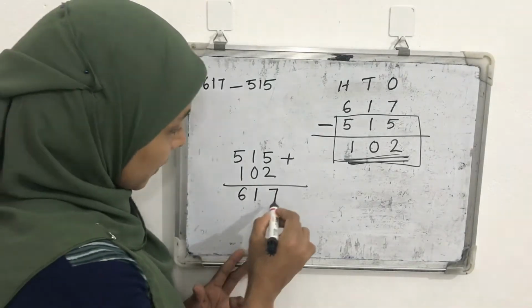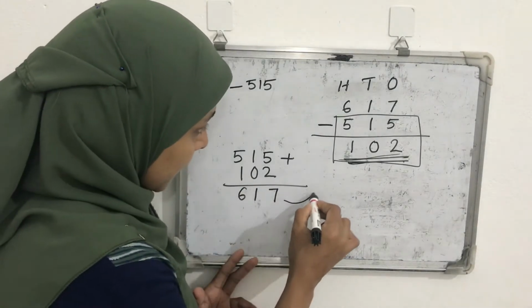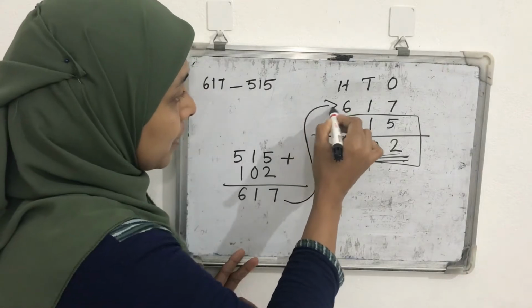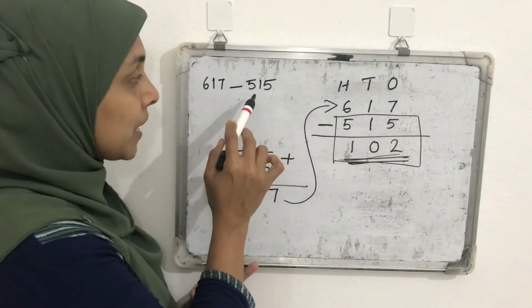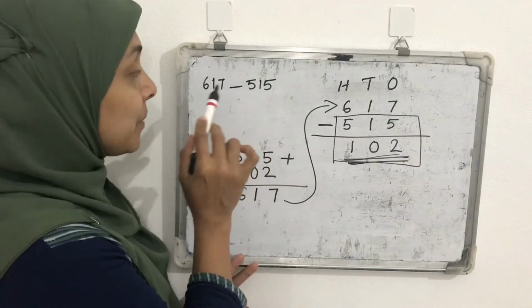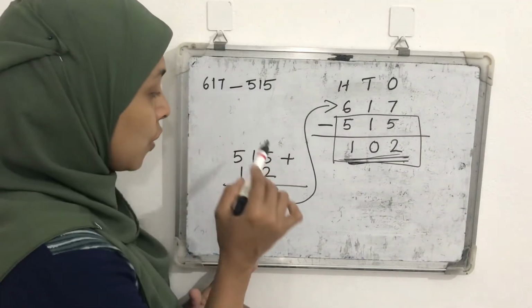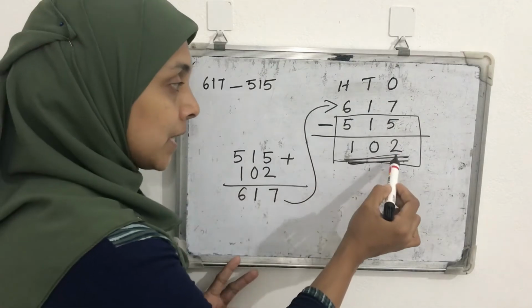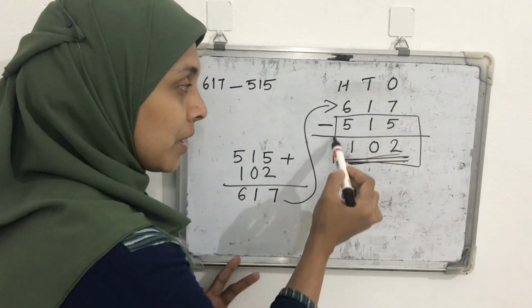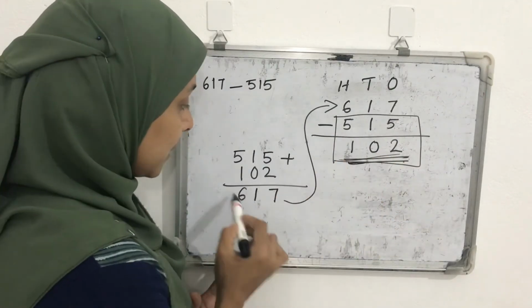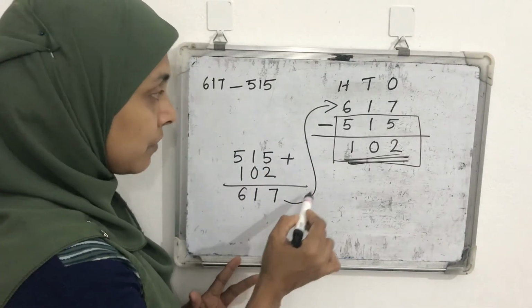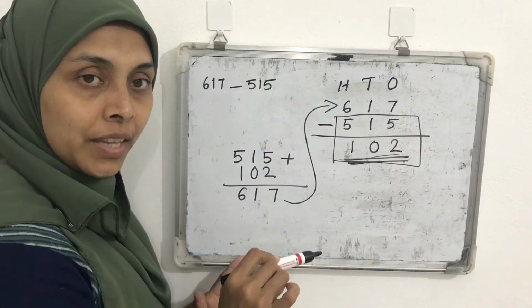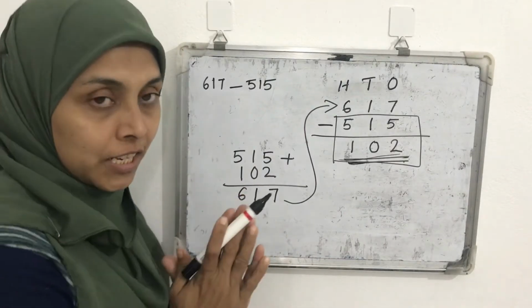Now look. When we add this, we got the same number as the first number, from which we subtracted 515, that is 617. So when we add the answer with the second number, the sum is 617, which is the first number. Then our subtraction is correct.